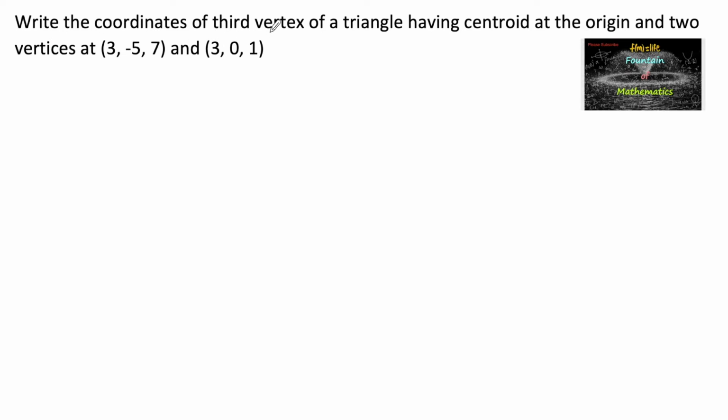Write the coordinates of the third vertex of a triangle having centroid at the origin and two vertices are 3, minus 5, 7 and 3, 0, 1.